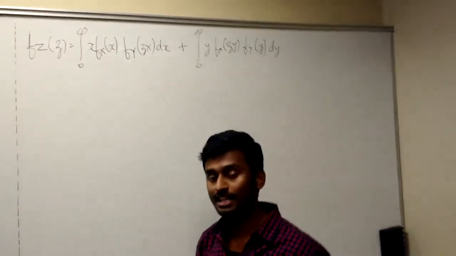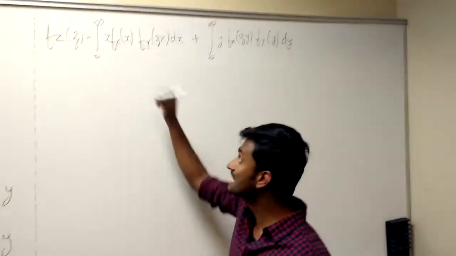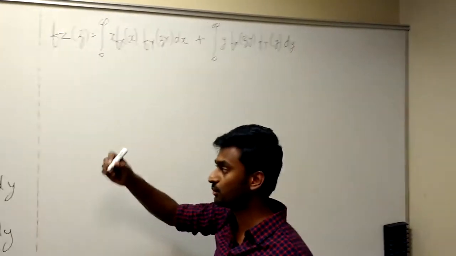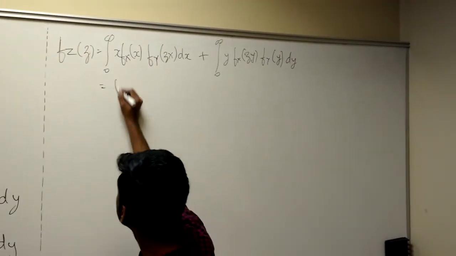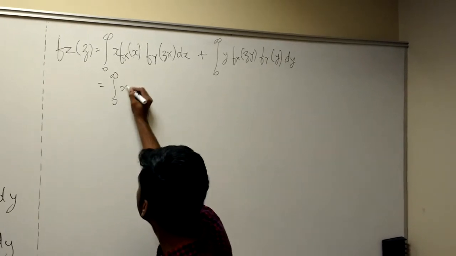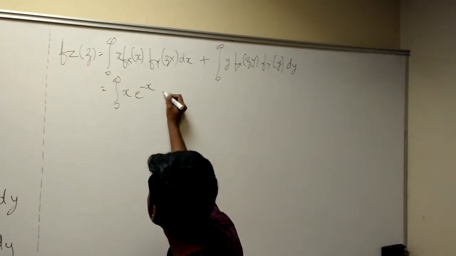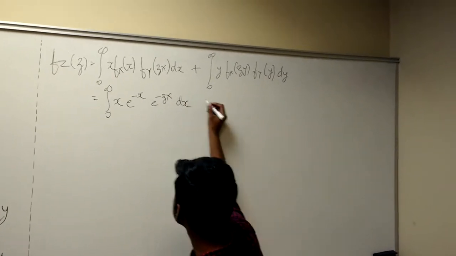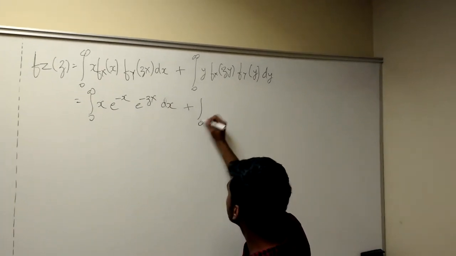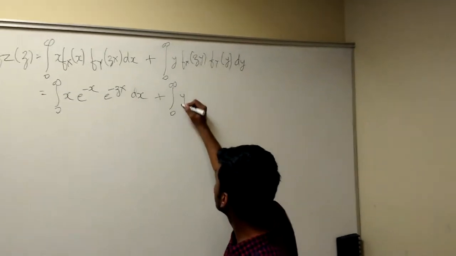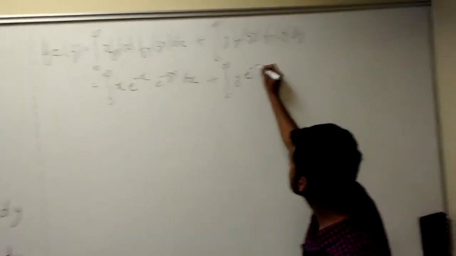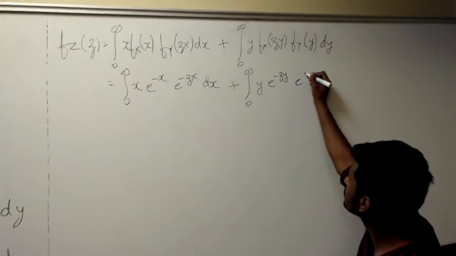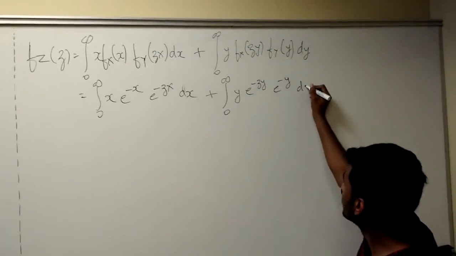Now, on substituting the density function of X and the density function of Y, we get the integral from 0 to infinity of x e raised to minus x, e raised to minus zx dx plus the integral from 0 to infinity of y e raised to minus zy, e raised to minus y dy.